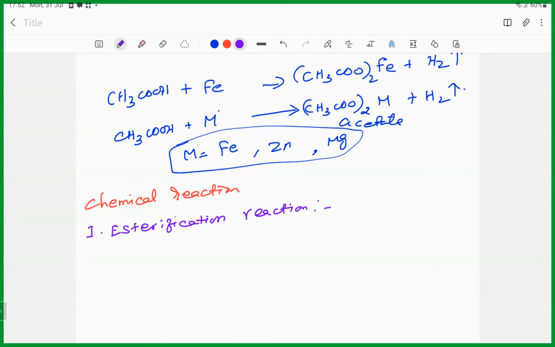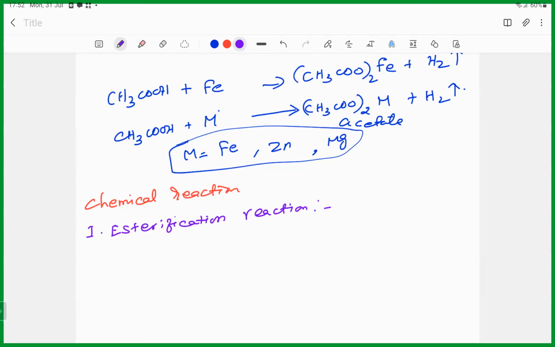So the beauty of carbon and its compounds is you can convert one functional group into another functional group. For example, you can take an alcohol. When you oxidize it, you will get aldehyde or ketone. When the aldehyde and ketone are further oxidized, it will give carboxylic acid. The reverse: when you take the carboxylic acid and partially reduce it, it may give aldehyde or ketone.